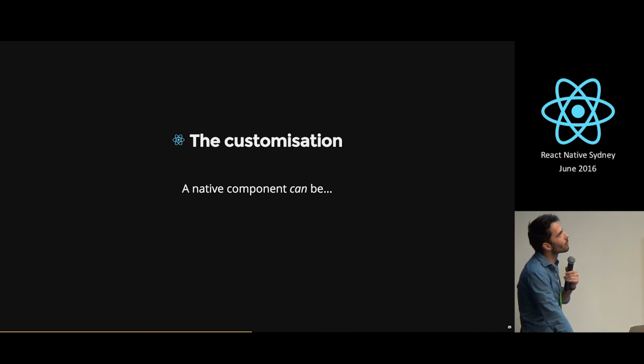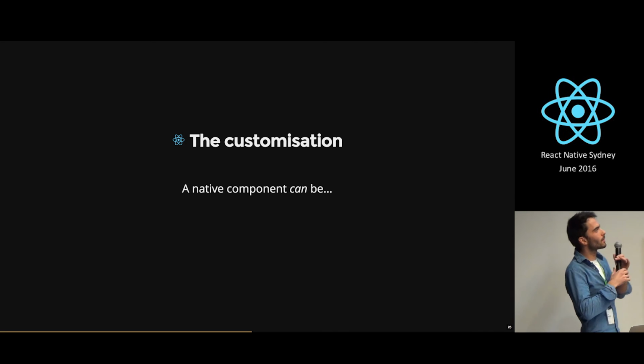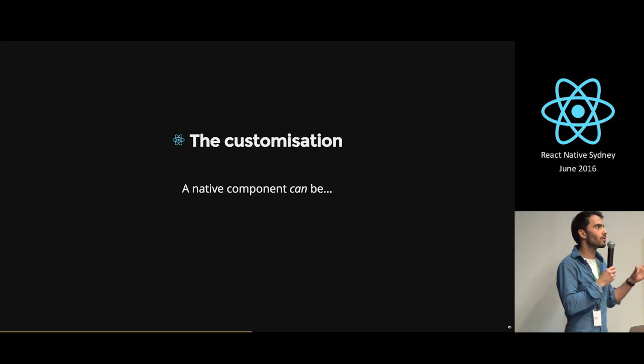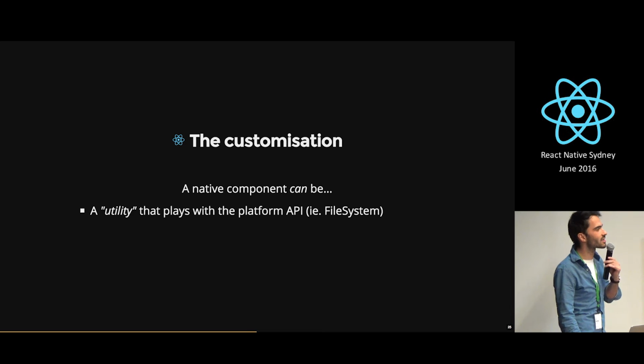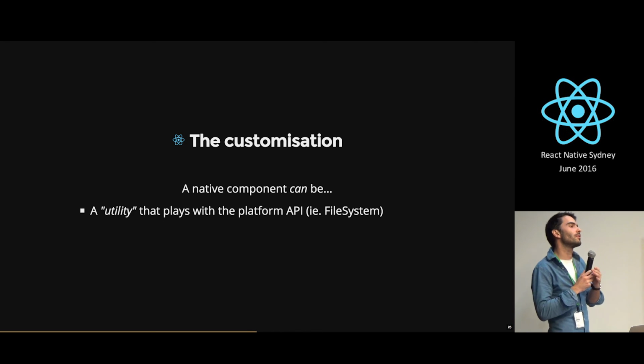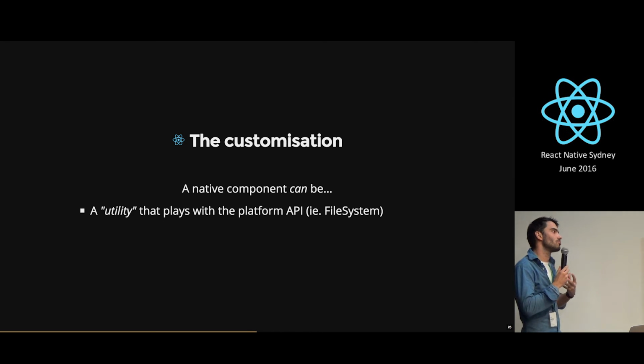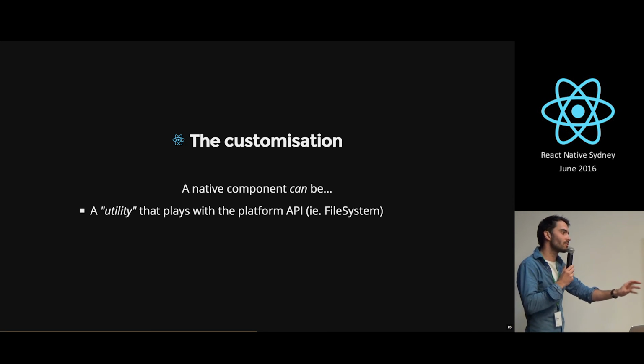So they split the native components, the custom components, into two kinds. There is one which is what they call a utility. That's just a component that doesn't render anything. It just accesses the API, the specific code of the platform, but doesn't render anything and gets the data back to you in JavaScript.